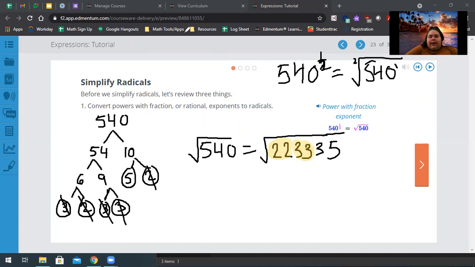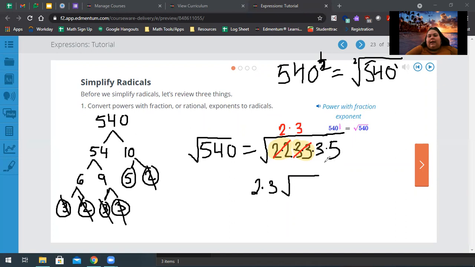So by doing that, I removed a 2 and I removed a 3. I don't have another 3 and I don't have another 5. So this 2 and 3 that I'm taking out of the radical, it's 2 times 3, the square root of, and keep in mind, I write them all together like a list.